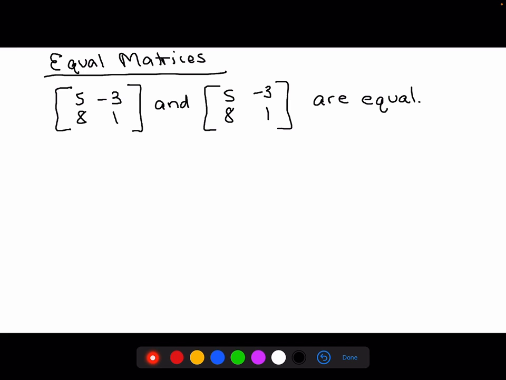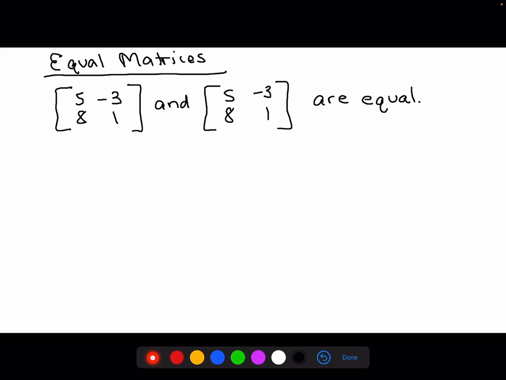So take these two matrices for example. A sub 1,1, the element in row 1, column 1, is 5 for both matrices. That matches up. A sub 1,2 is negative 3 in both matrices. A sub 2,1 is 8 in both matrices. A sub 2,2 is 1 in both matrices.